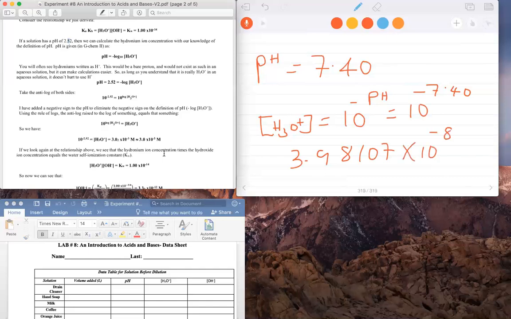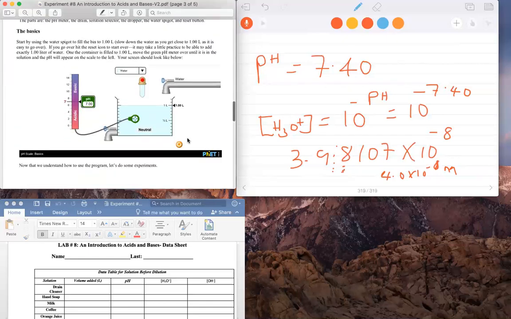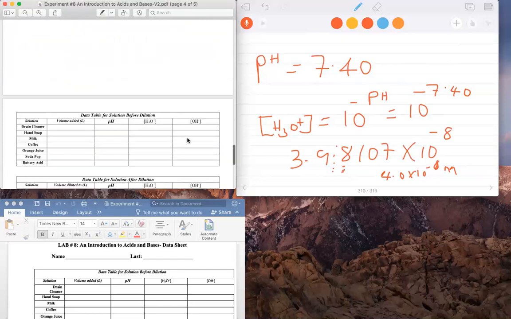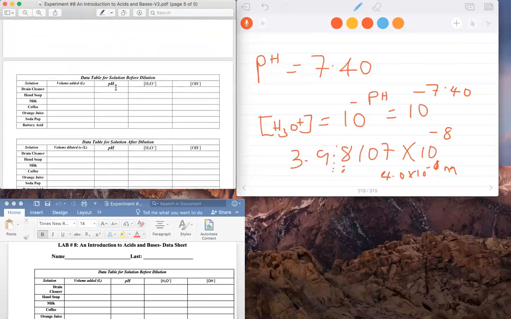Using rounding off, this will be 2 significant figures, which is 4.0 times 10 raised to negative 8 molar. So that's what I'll do for P4. You see this? P4, before dilution.